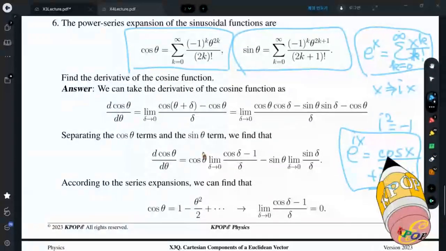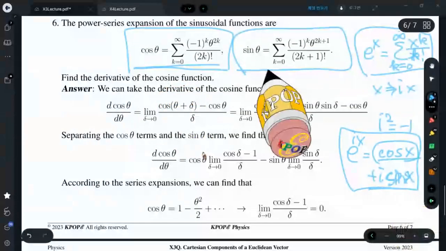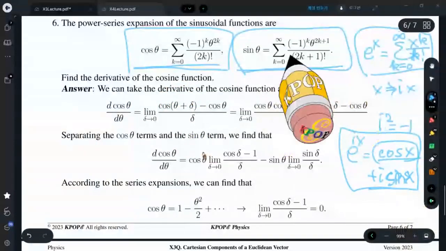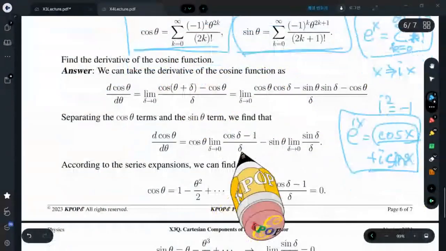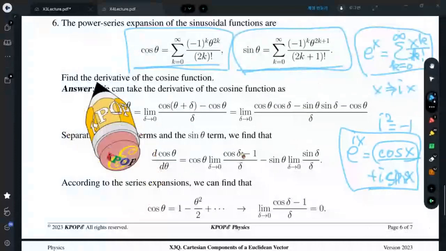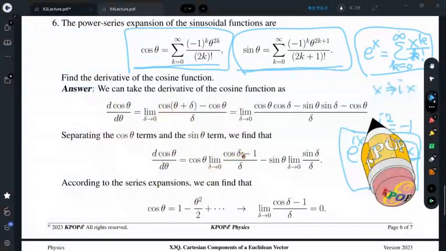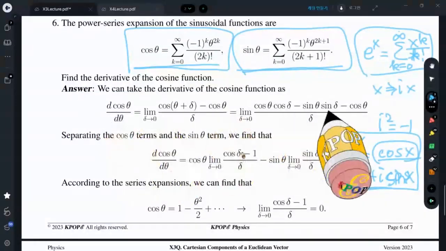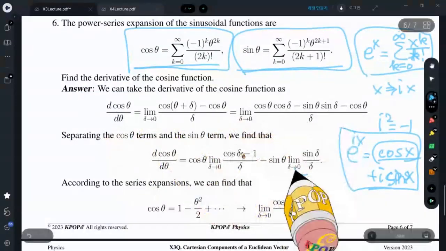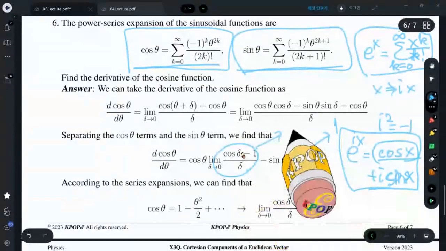The series expansion for the cosine is given here, and the sine is here. If you don't understand, just copy. It is not a mathematics class. So find the derivative of the cosine function. If you are well acquainted with some geometric method, then you can compute the derivative of cosine, and you will find this limiting value is 1, and this limiting value is 0.